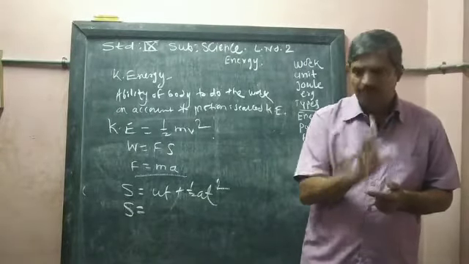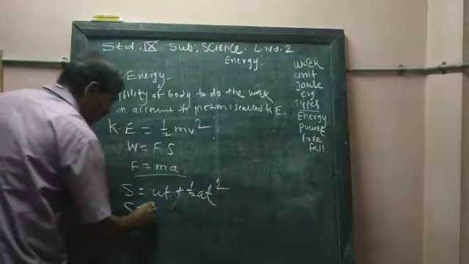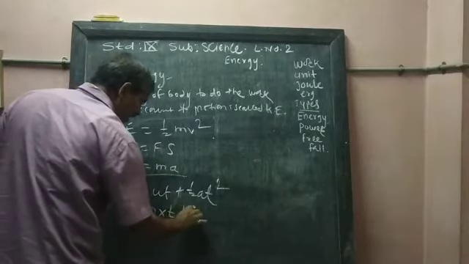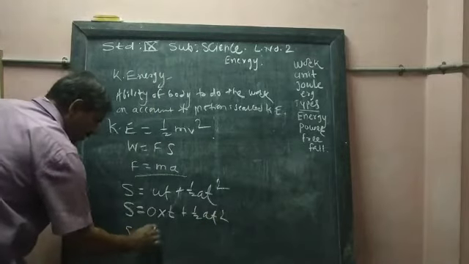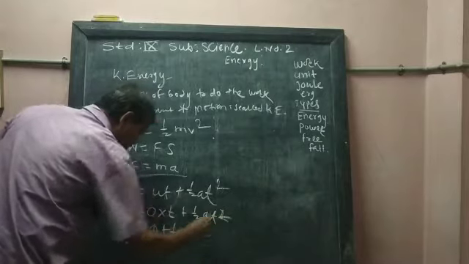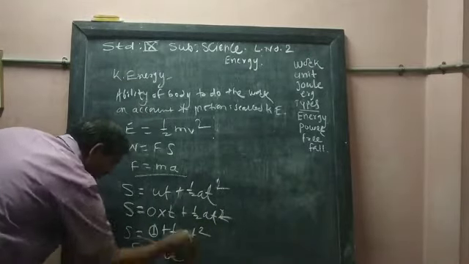Understand? u stands for initial speed. So initial speed is equal to 0, u0 into t is equal to 0. Means S is equal to 0 plus half at square. Means S is equal to half at square.